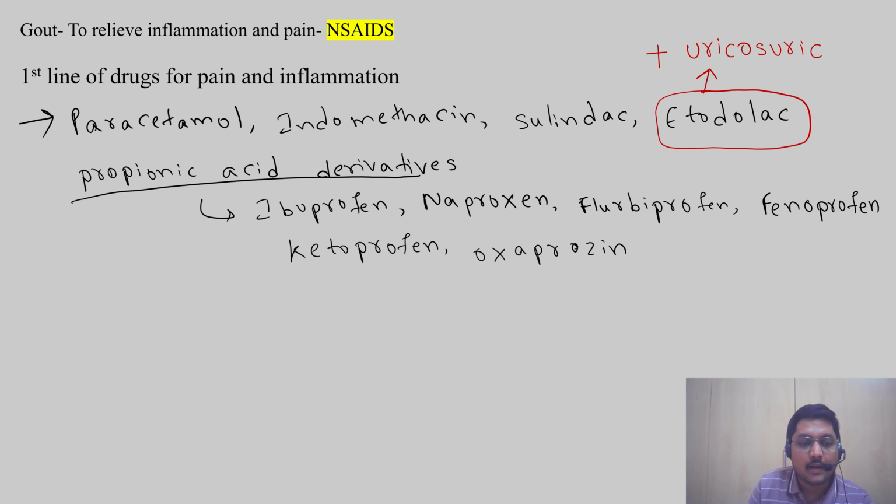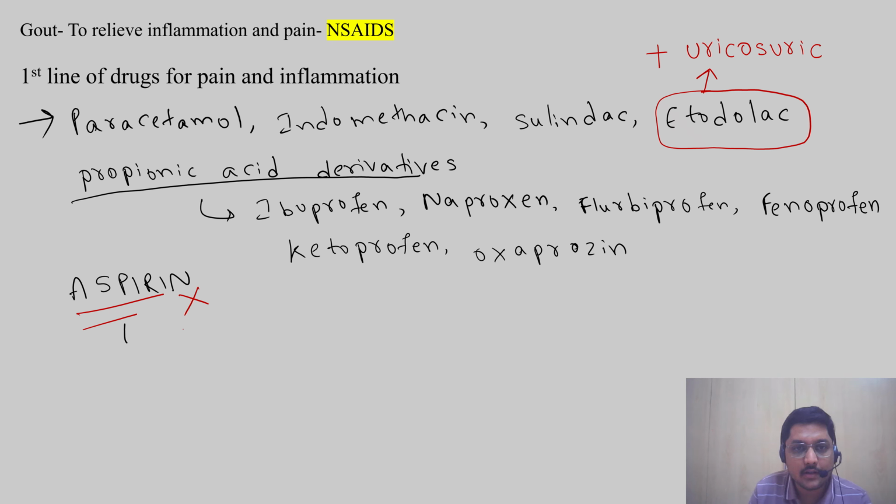One more thing which we should learn about NSAIDs is the common NSAID which we may think of, aspirin. Whether aspirin is used or not in gout? No. Why?